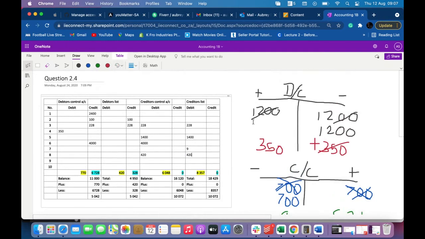How it was supposed to be recorded, I'm going to use blue here, is to put 420 on the debtors debit side, because our debtors are increasing, and we were supposed to also debit the individual debtor. So here we put 420 on the debit and 420 on the debit for the debtors list.